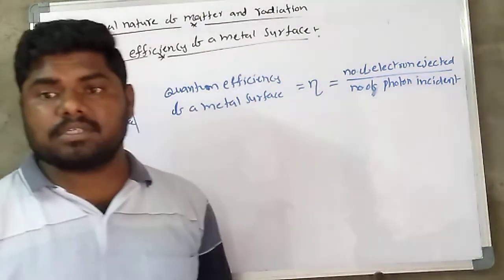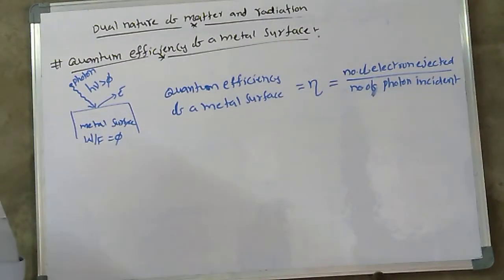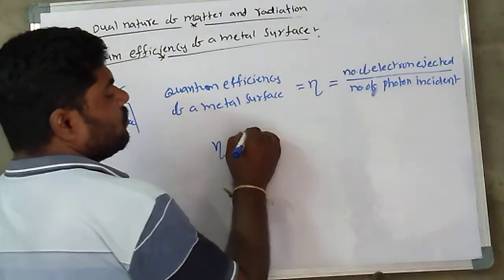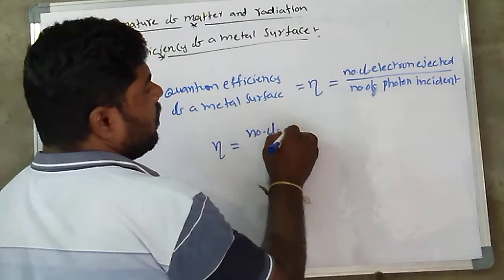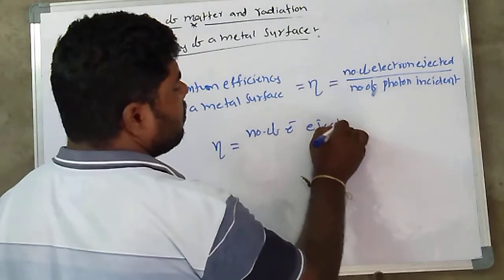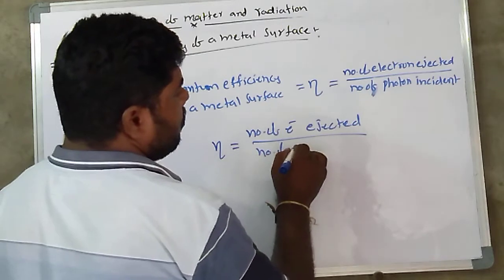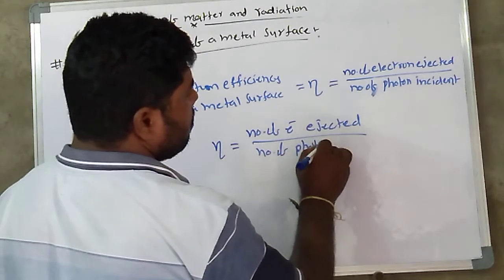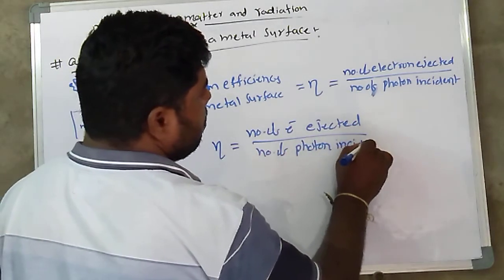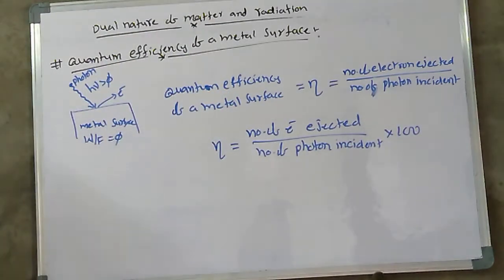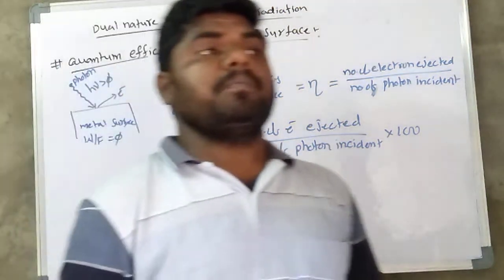If we want it in percentage, multiply by 100. So the number of electrons ejected divided by the number of photons incident, into 100, we call the quantum efficiency of a metal surface.